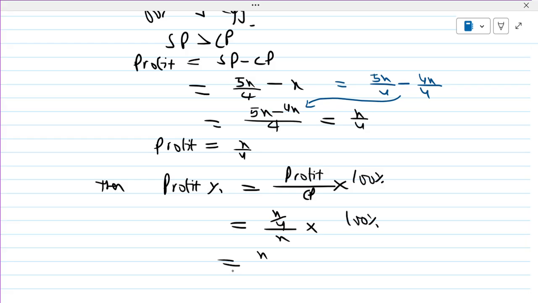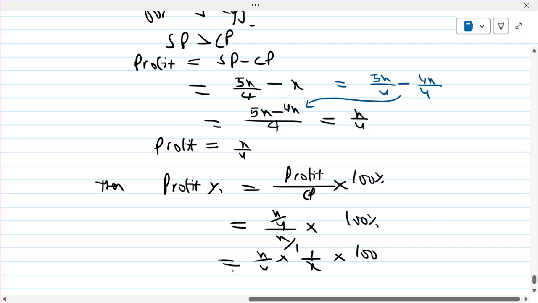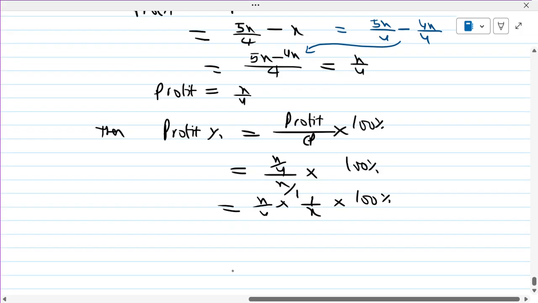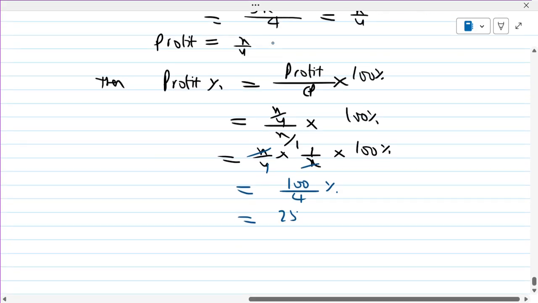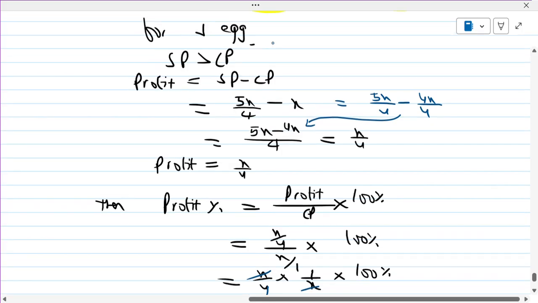So x by 4, and this x by 1 we consider, and we get the reciprocal, into 100%. So x and x you can cancel, and we get 100 divided by 4%, so it becomes 25%. Therefore profit percentage is equal to 25%.